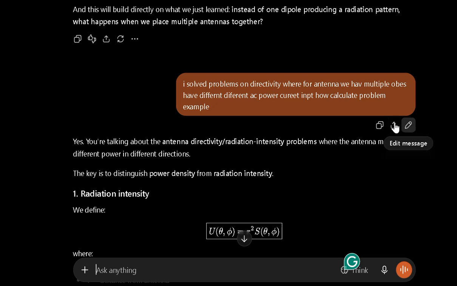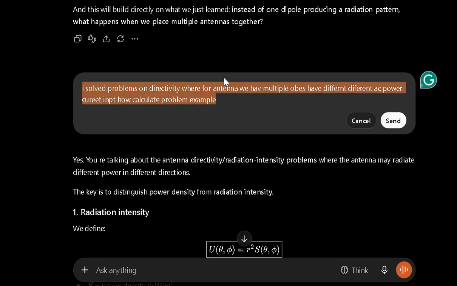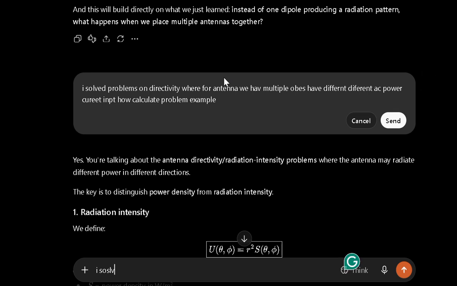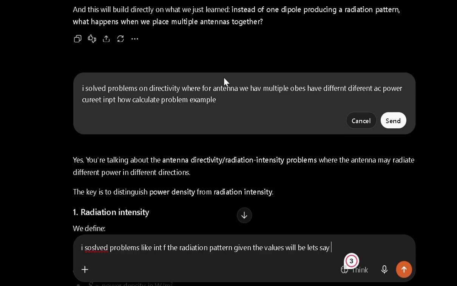Actually, I solved problems like: if the radiation pattern is given with values, let's say 20, there will be fixed values for each antenna.